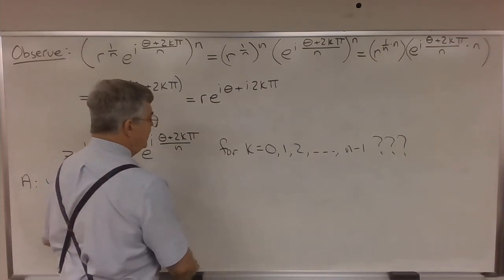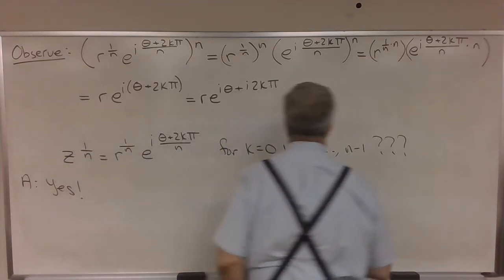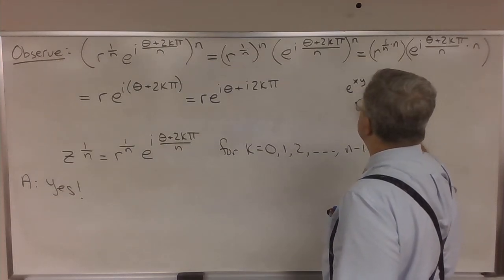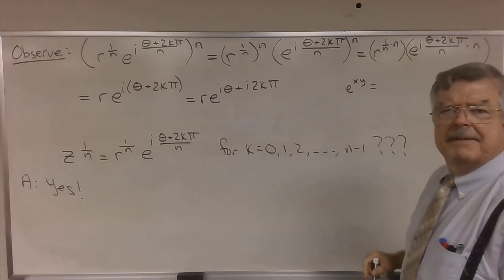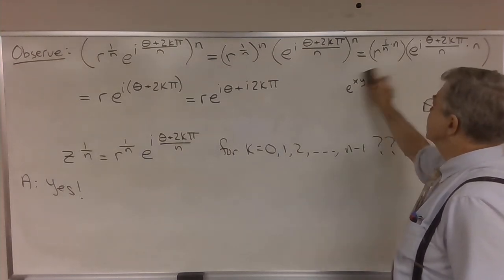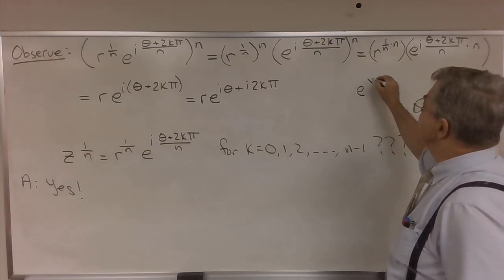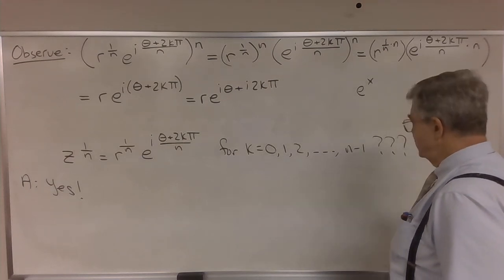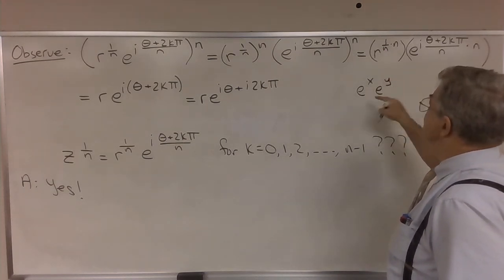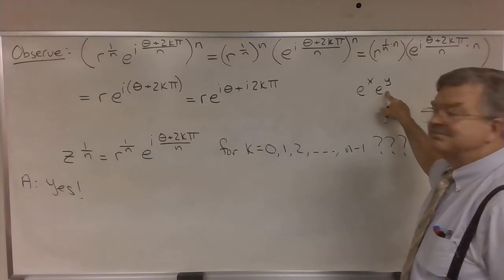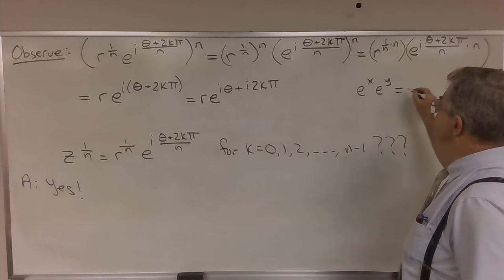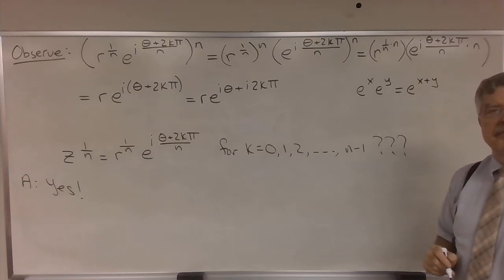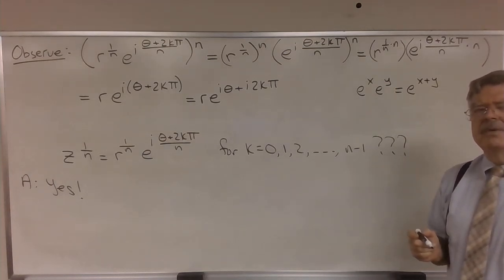Then let's see, how can we reason on this? If we have e to the x times e to the y, can't we write that as e to the power of x plus y? The exponents add, right? Well, equations are a two-way street.